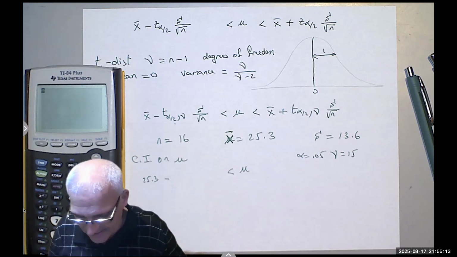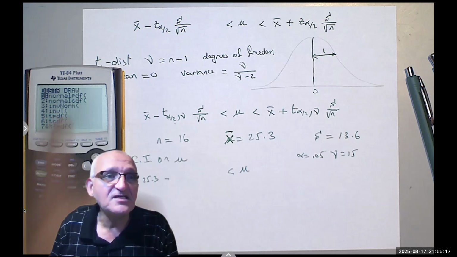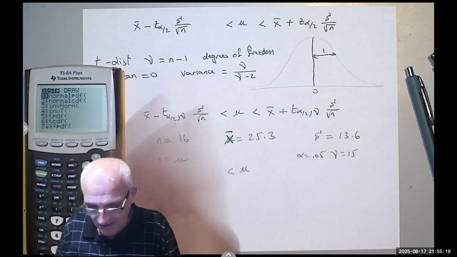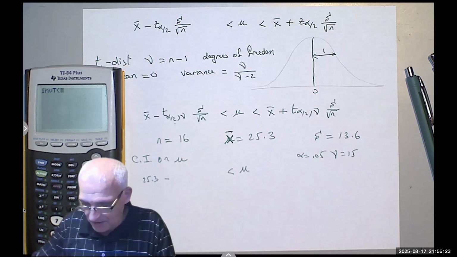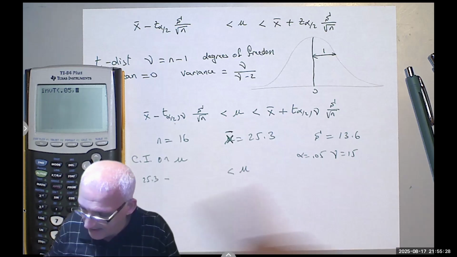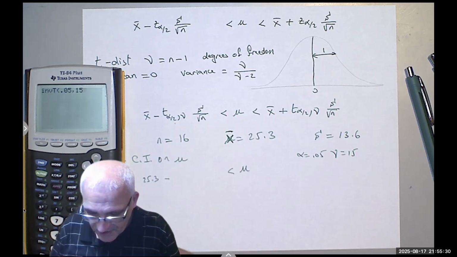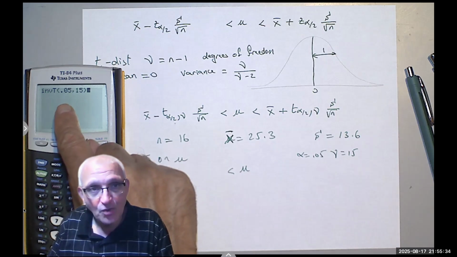Like we did last time, you go to distribution, go down to inverse t, because inverse t will give you the value. It asks you to enter alpha, which is 0.05, comma, and 15 degrees of freedom.